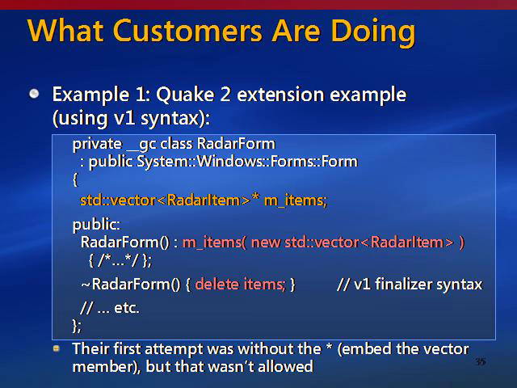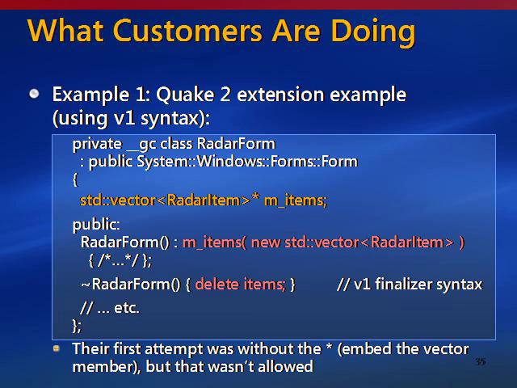So let me explain what currently is going on. This is code from that Quake demo that you saw at the very beginning. And what we're doing is trying to manage the STL vector and hold on to it from a garbage collected class.